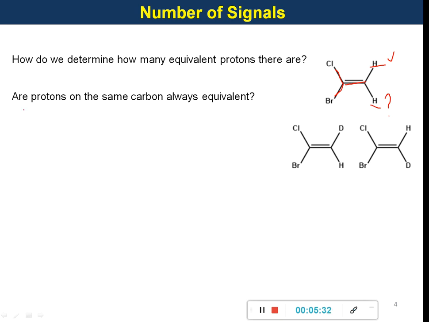So are protons on the same carbon atom always equivalent? The answer is no. If you consider this compound, are these two hydrogens equivalent or not? That's what we are going to check now.